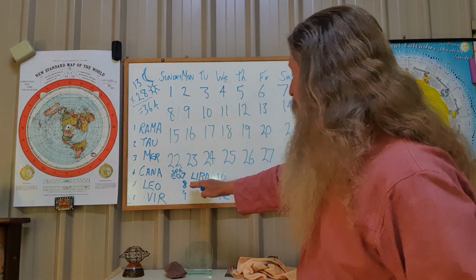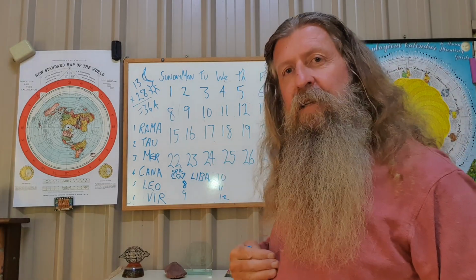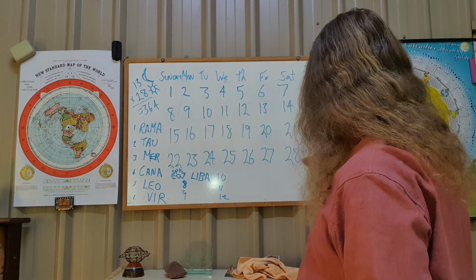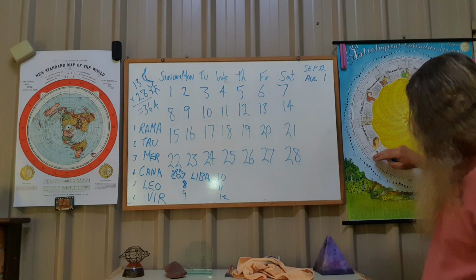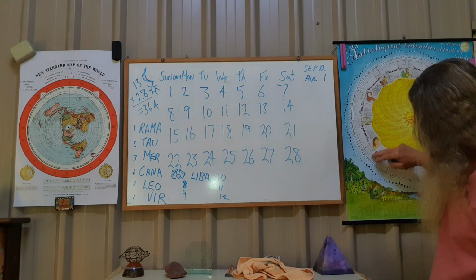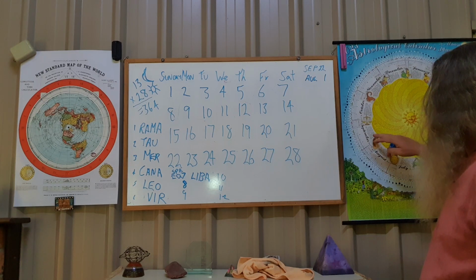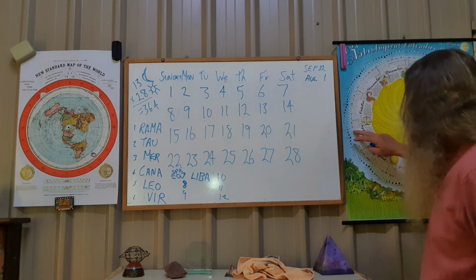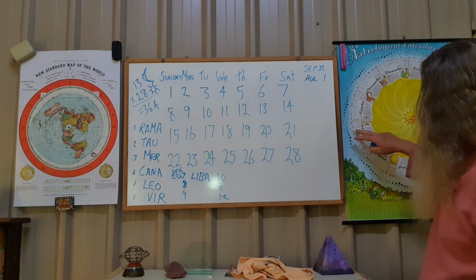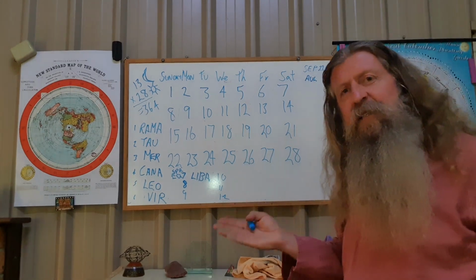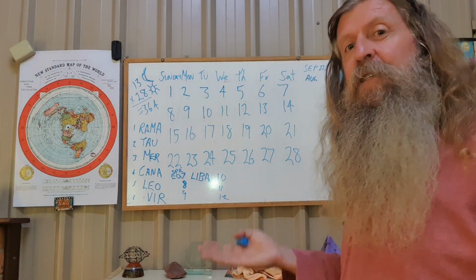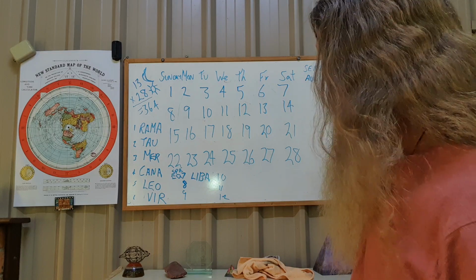So that would technically be our first month of the year. Well, hang on. There it is, equinox. It's on the 23rd of September. So it's usually the 22nd, 21st. This year it's the 23rd on the false calendar.